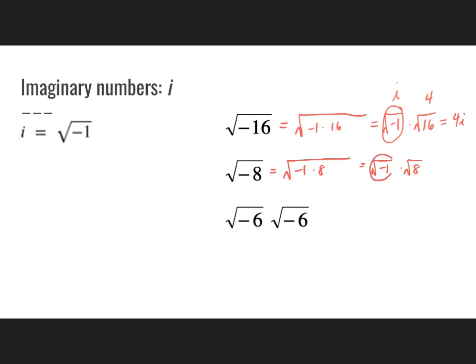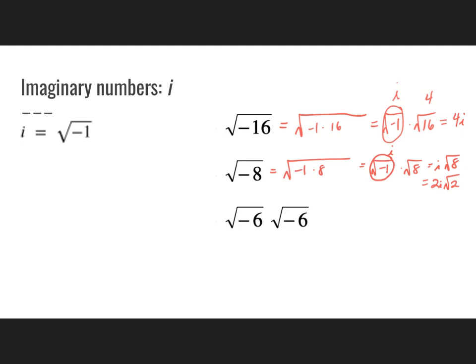And the square root of negative 1 is once again my definition of i, or my imaginary number. So this is really i times the square root of 8. If I want to get super technical and actually simplify this, I know that I can simplify the square root of 8 as 2 square root of 2. So this is going to simplify as 2i square root of 2.